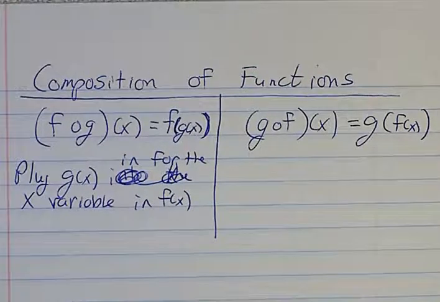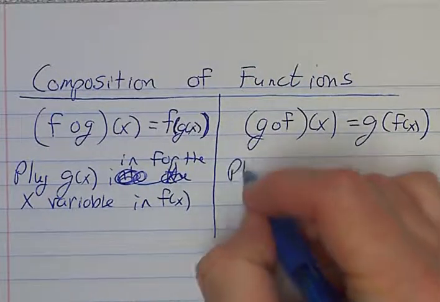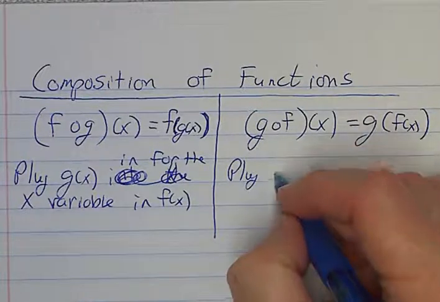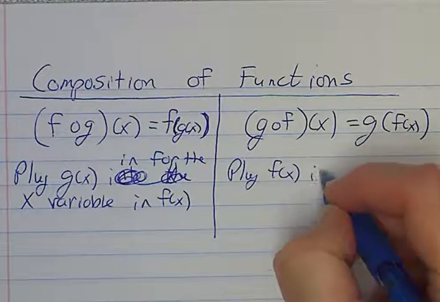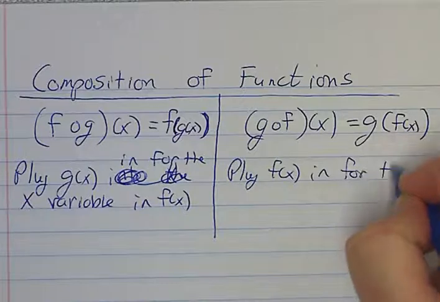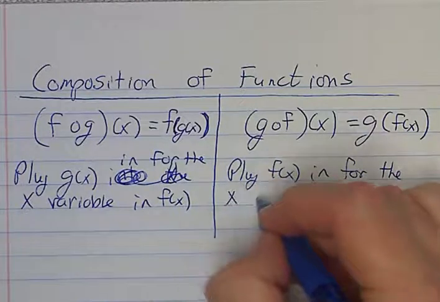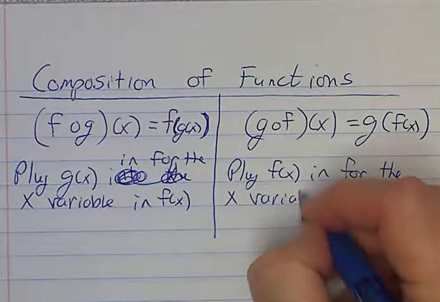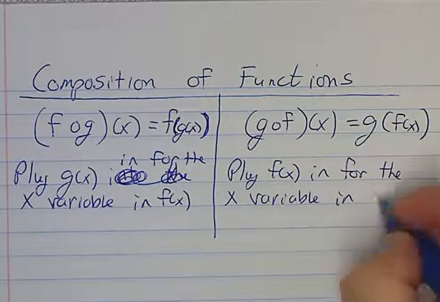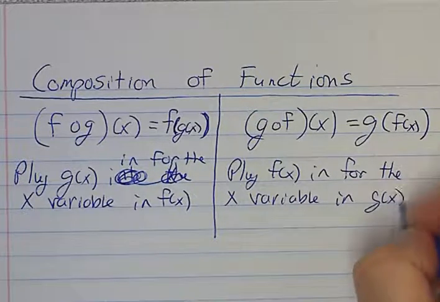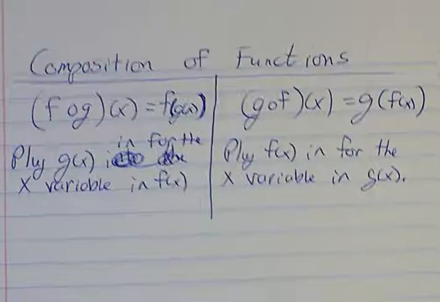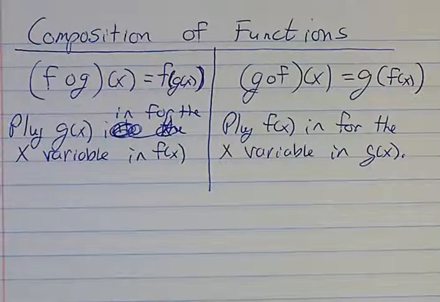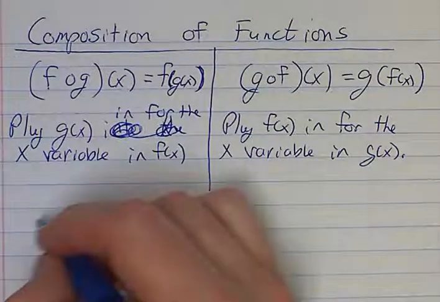Better way of saying that. And for this one, we're going to do the same thing. This time we're going to plug f of x in for the x variable in g of x. And the first time I did this one, I had a little bit of trouble with it. I finally came up with a pattern that works. So let me just show you what this looks like.